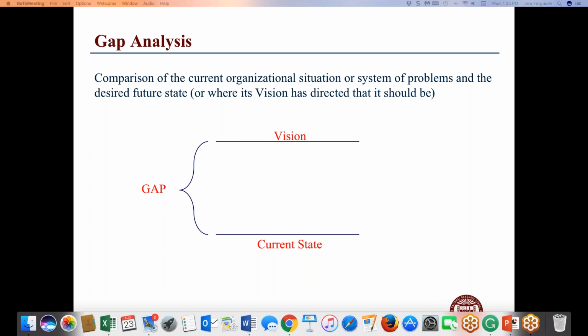And so in a strategic analysis rather than your projects, this would be the evaluation that the organization, the management team, and the middle management team would go through once the strategic plan was designed, and they would want to look at where the company currently is, its current state, and where the company desires to be based on the vision statement that they've developed. And the differences between those two states of the organization are what we think of as the gap or the gap analysis.